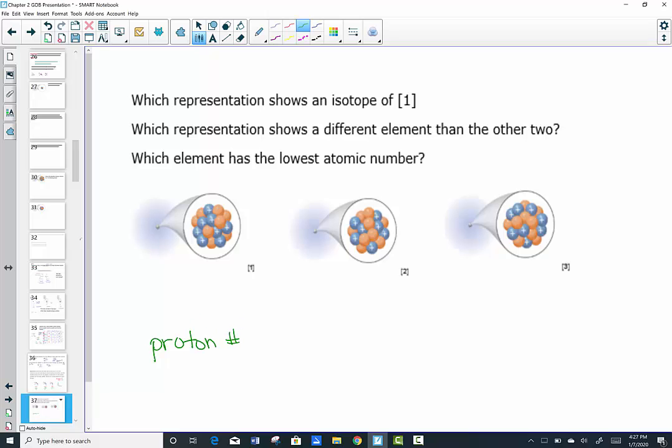And knowing that protons are positive, I'm going to count the number of positive particles. I have 1, 2, 3, 4, 5, 6, 7, 8 positive particles in that first structure.